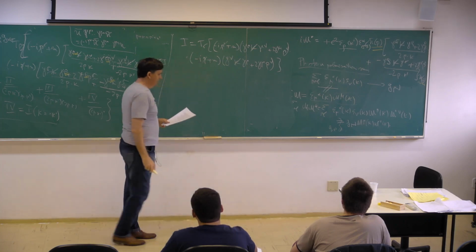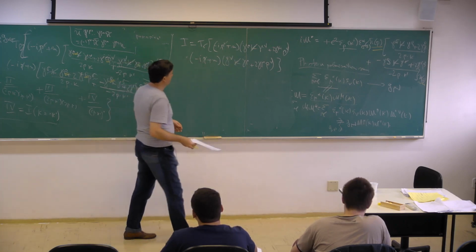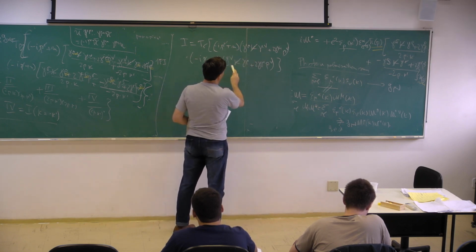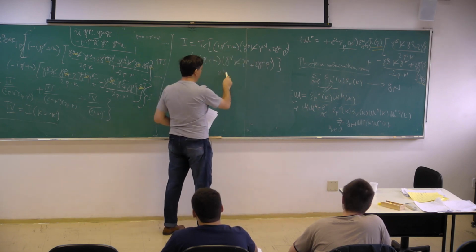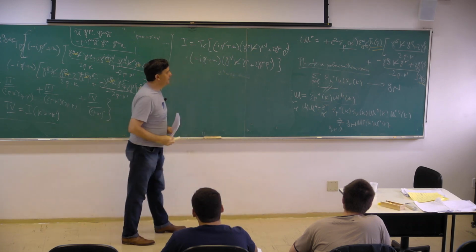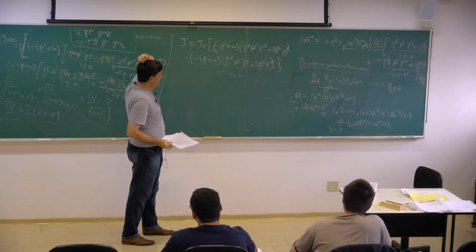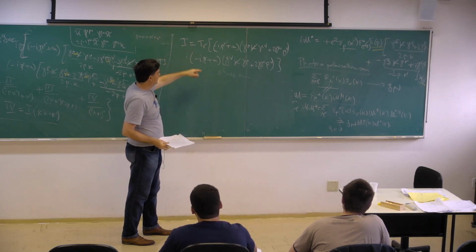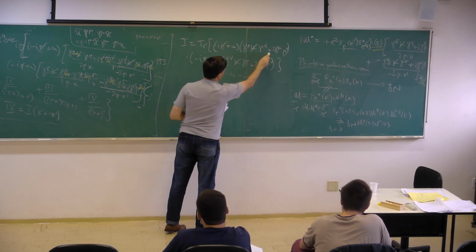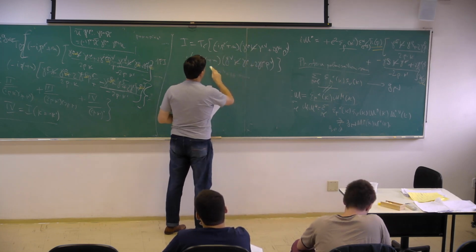Okay, so how many traces are there in here? Well, we have 2 times 2 times 2 times 2, 2 to the 4, that's 16 terms. But in here, each one, this is 1 gamma, this is 0 gamma, this is 3 gamma, this is 1 gamma.